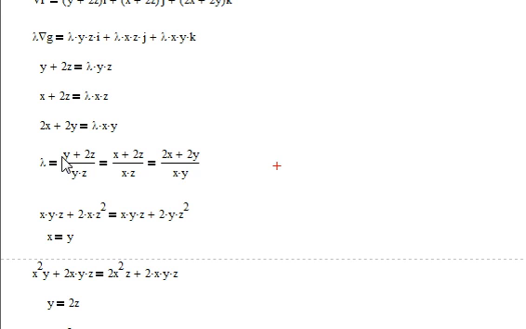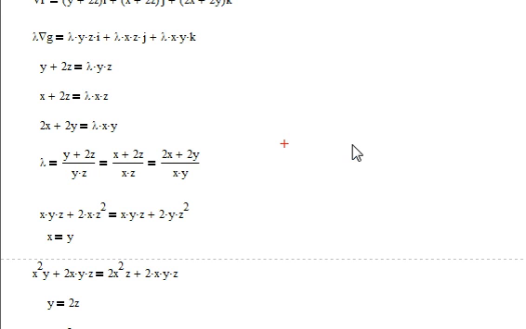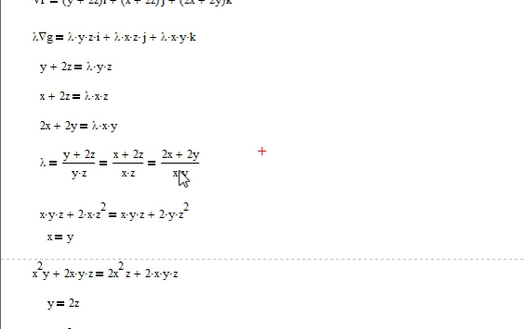So then I'd have XY squared plus 2XYZ equals this times this, 2XYZ plus 2Y squared Z. I was going with this one and this one. I was mistaken. This one times this plus this times this, that's what I should be going with.